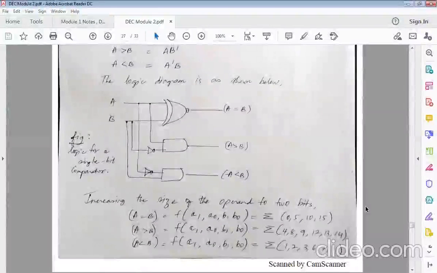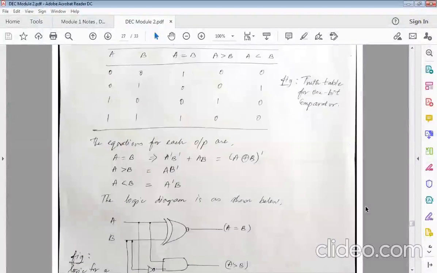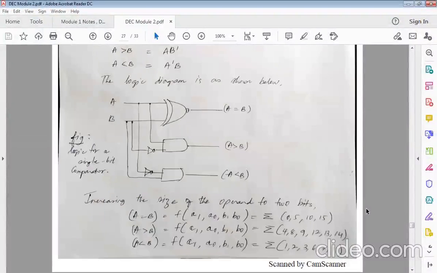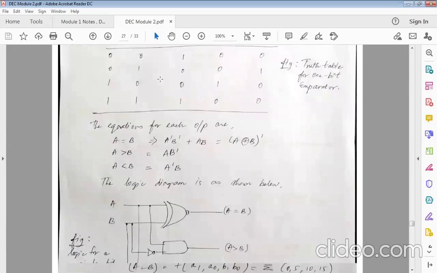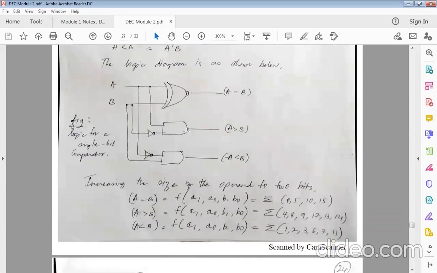Size when it's increased to 2 bits, okay? So what is going to happen? You will have A1, A0, B1, B0, right? Here we had just A and B. So again, A I'm splitting into 2, B I'm splitting into 2, right? So I make it 2 bits, and we get a truth table.